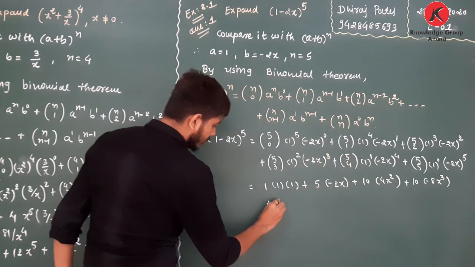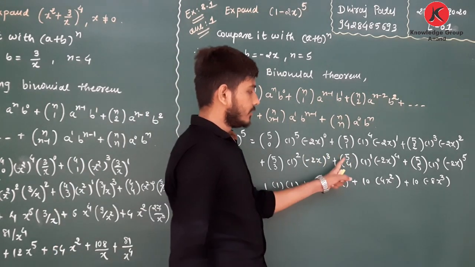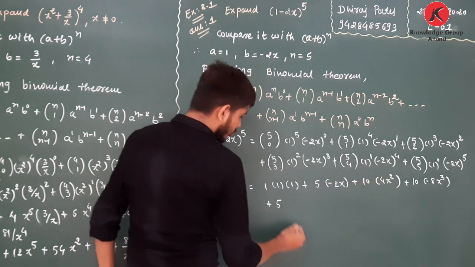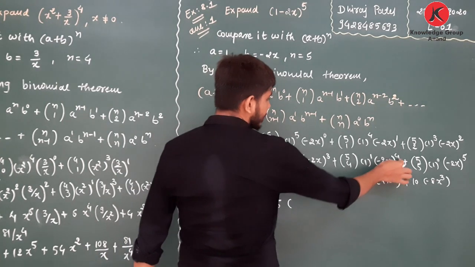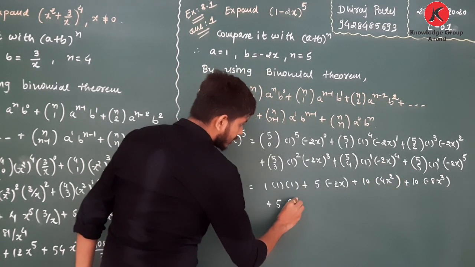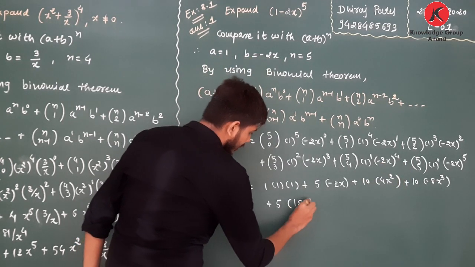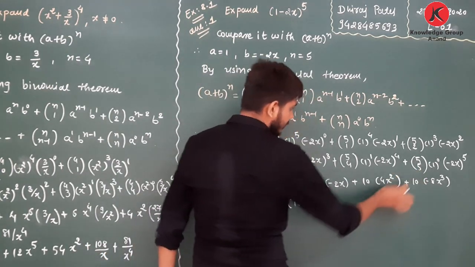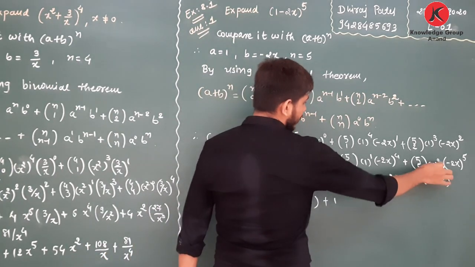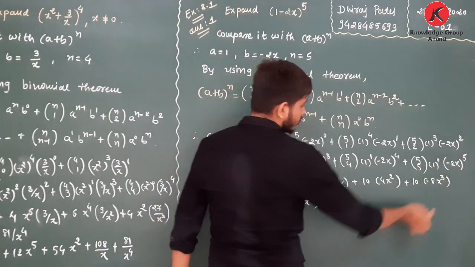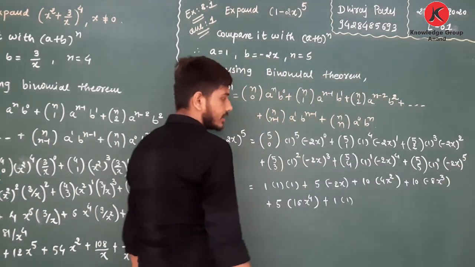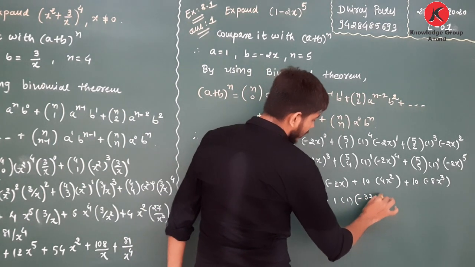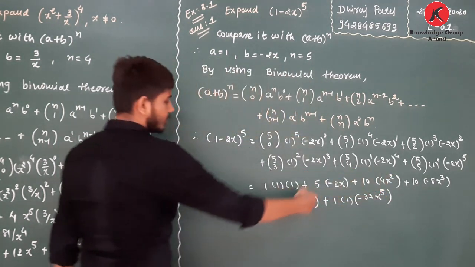5C4 will be equal to 5, into 1 into (minus 2x) raised to 4, means minus 2 raised to 4, 16x raised to 4, and the last one, plus 5C5, 1 raised to 0, 1 into (minus 2x) raised to 5, means minus 32x raised to 5. Now simplify this.